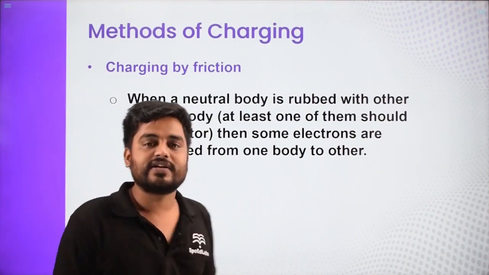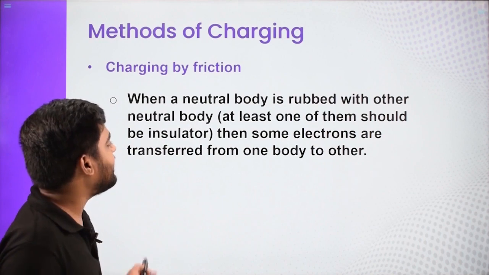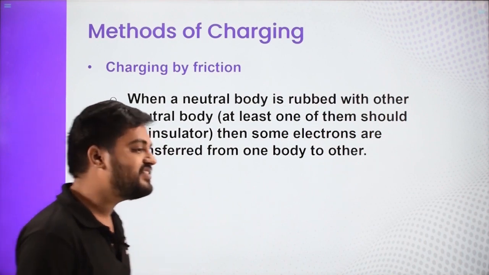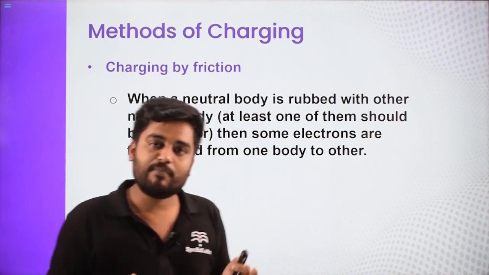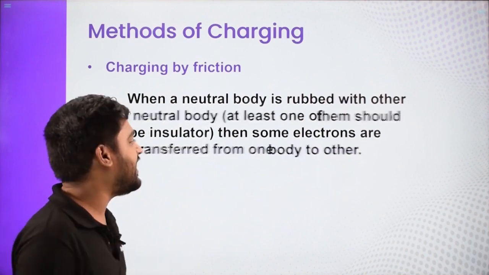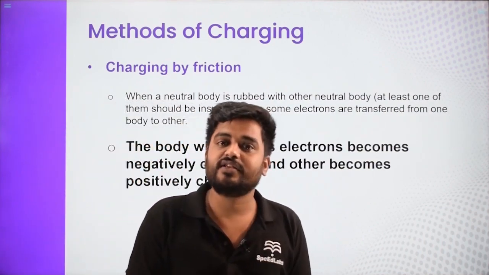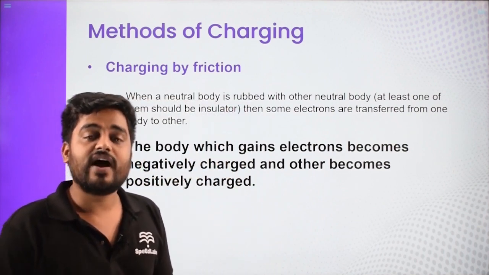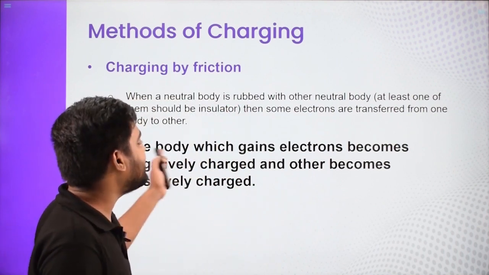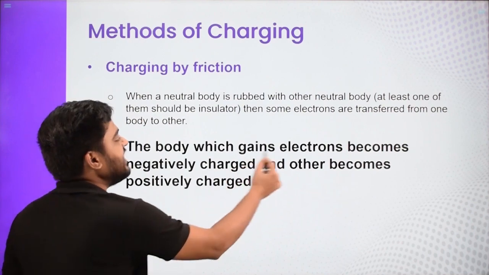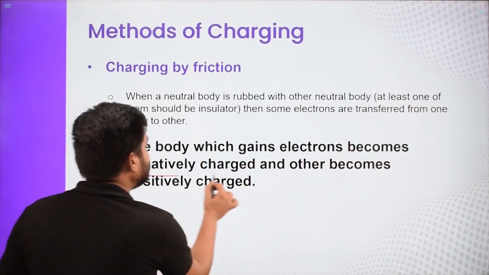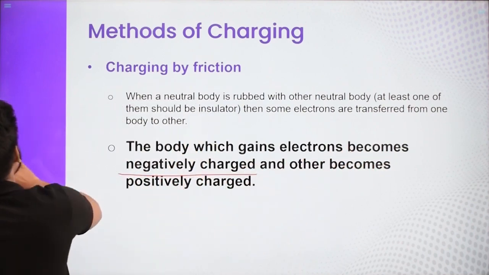Whenever you rub a neutral body against another neutral body, there is a transfer of electrons. The body which gives out the electrons becomes positively charged, while the other body, which gains the electrons, becomes negatively charged because there are excess electrons.